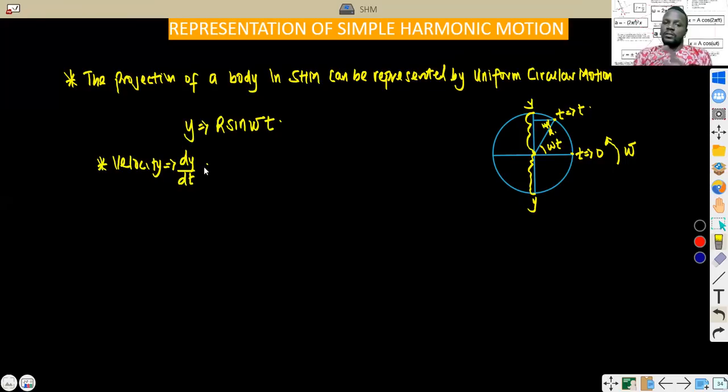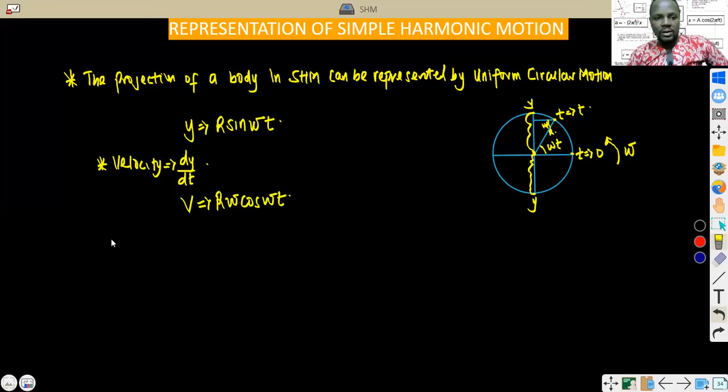You need to understand differential calculus and integration before you can come into this. So directly here, you can say dy by dt will be equal to, dy by dt is velocity, which is equal to r omega cos omega t.